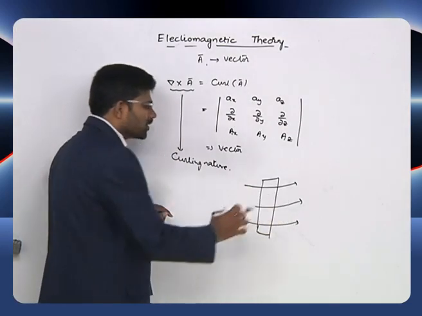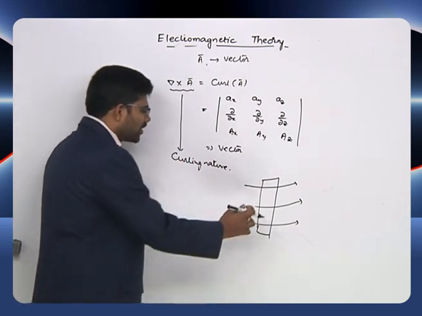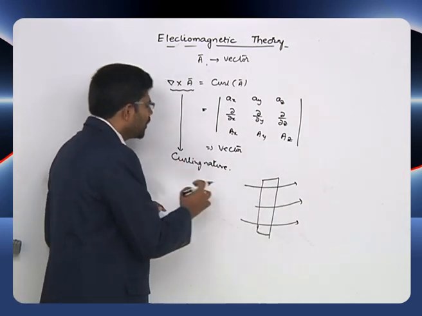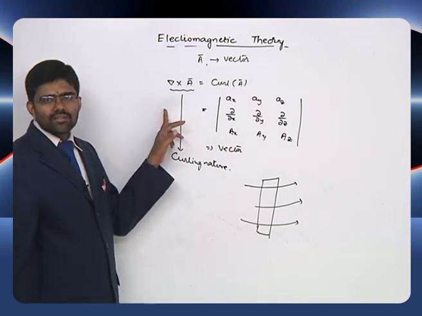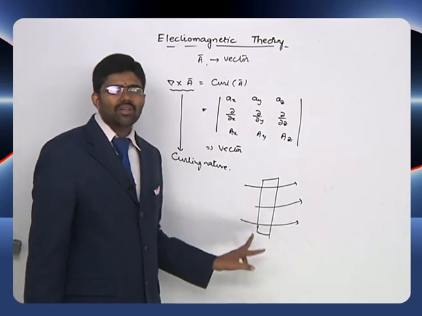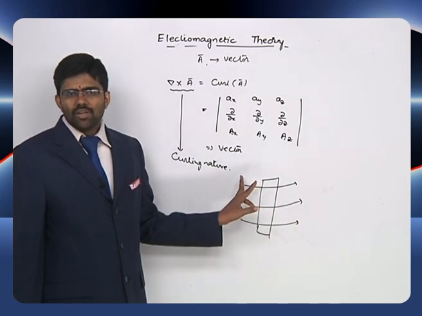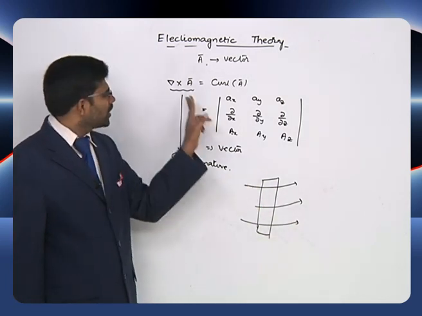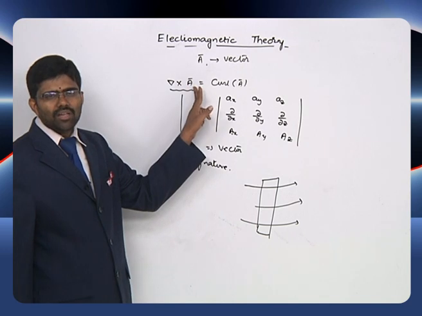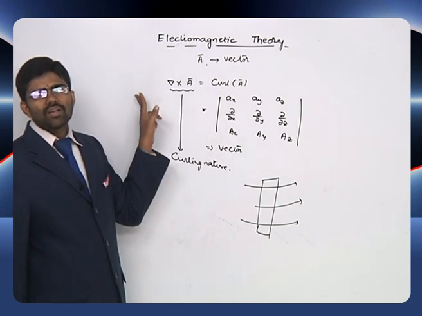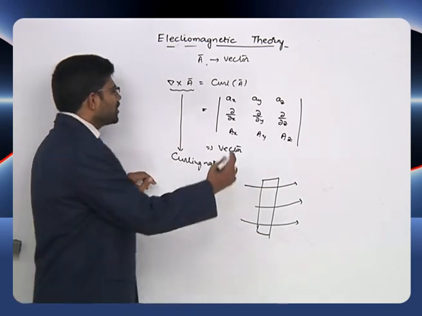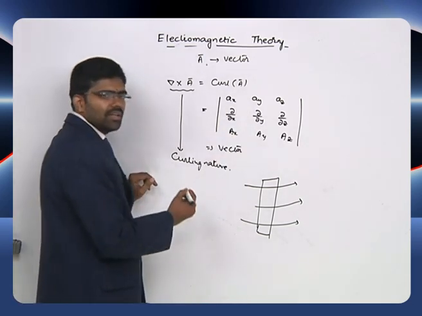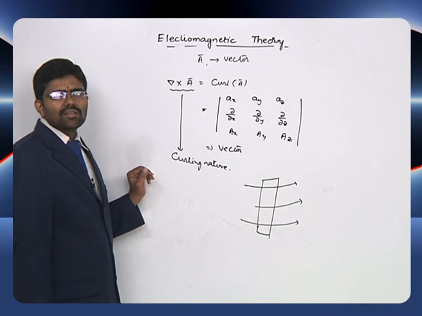If this field can rotate that differential surface, we can say the curl exists. If the curl does not exist, then this field is not capable of rotating. So the rotating nature of any vector A bar can be observed by applying curl on that vector.